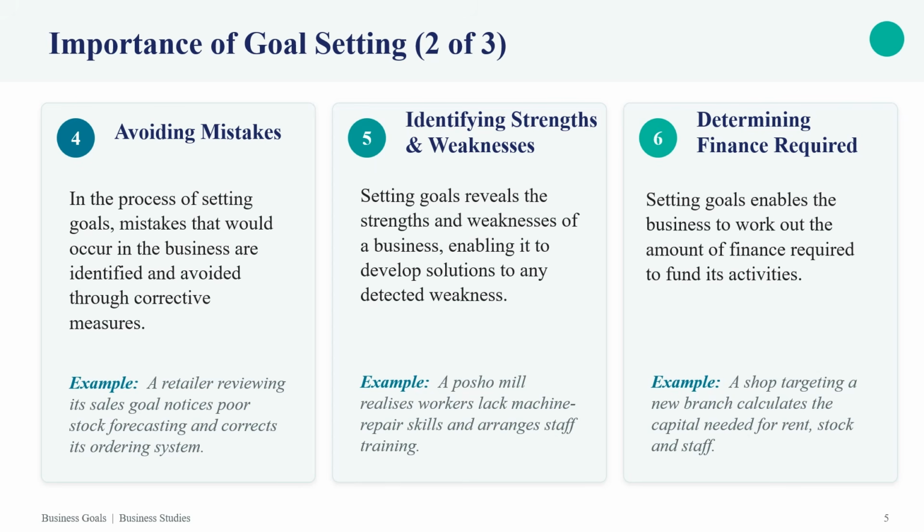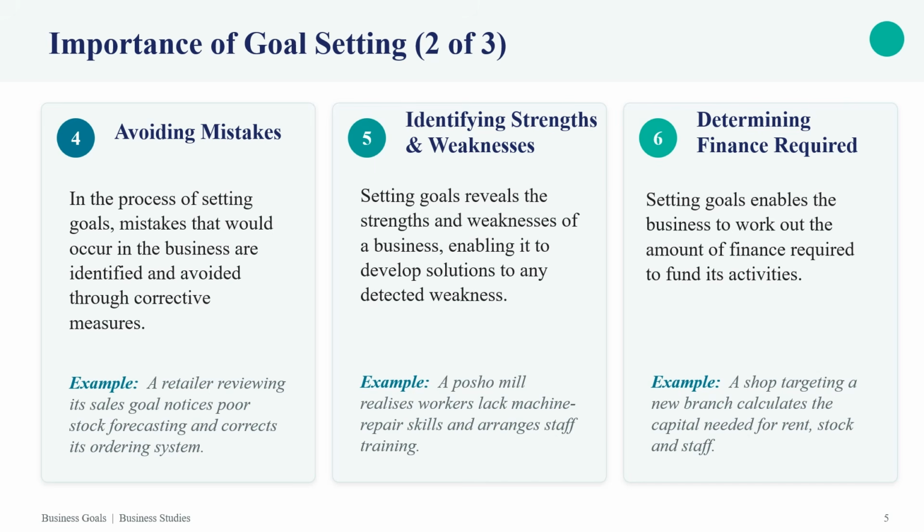Sixth importance is to determine finance required. Goal setting enables the business to determine the finance required to move the business forward. So setting goals enables the business to work out the amount of finance required to fund its activities, whether it requires 200,000, 300,000, a million shillings, and so on.